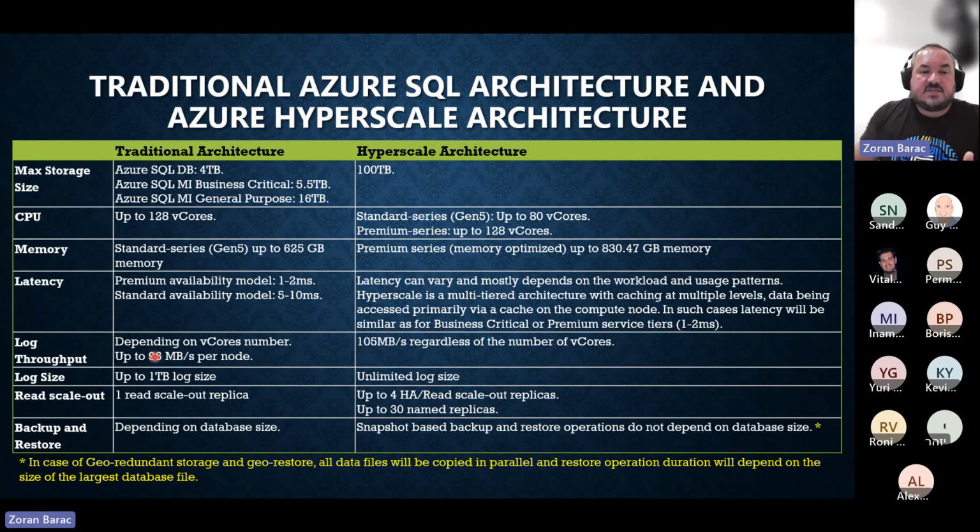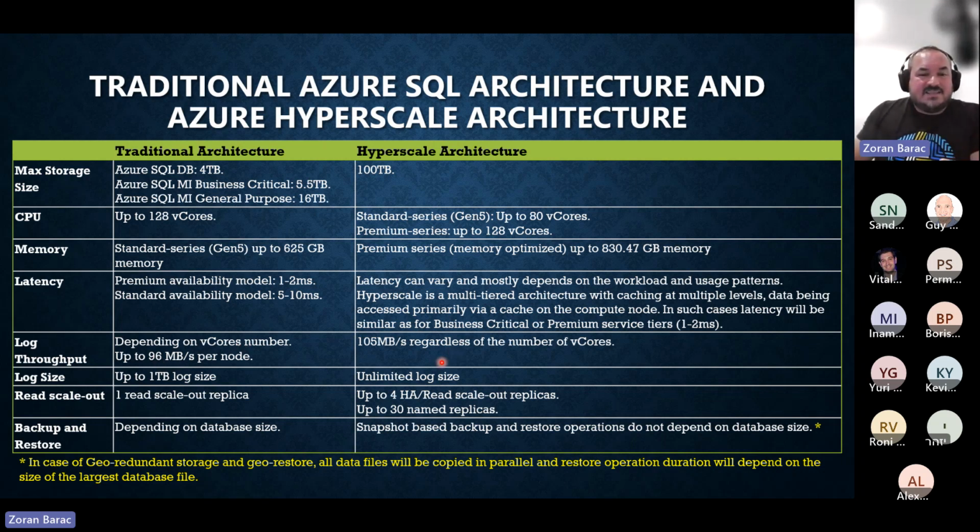So they need to sync, if it's business critical or DTU premium, that's a fully synchronous commit kind of architecture. And it depends on vCores. What you see here is the max, 96 max per node, but that applies at 8 cores and above. Below that, there is a matrix in the back with the cores, and that's how you get the throughput. There is a resource page from Microsoft where you can see that.